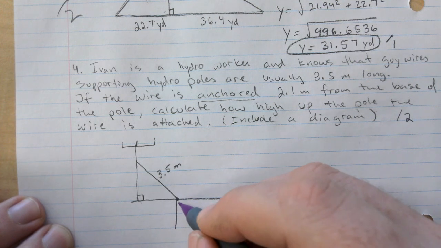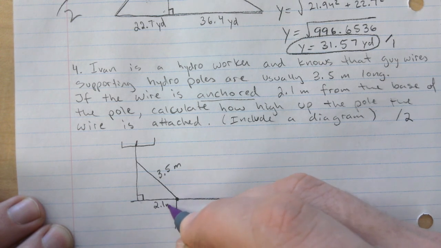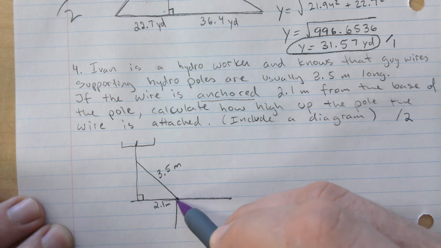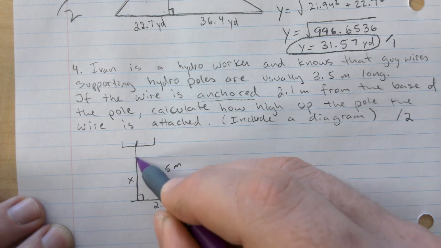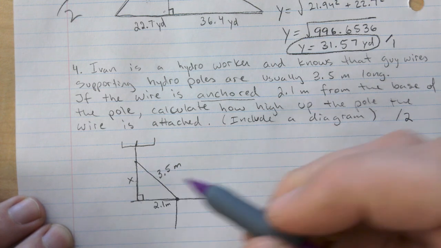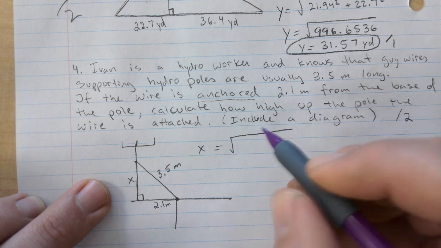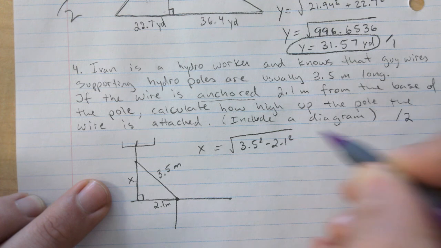So we know that the distance from here to here is 2.1, because this is the base of the pole. So it's anchored 2.1 meters from the base of the pole. They're essentially asking you how high up the pole it is attached. So X is one of the legs. We need to take the hypotenuse, square it, subtract one of the legs squared.